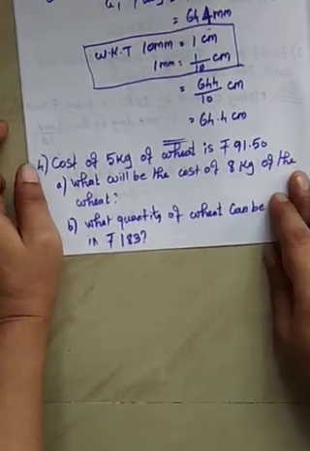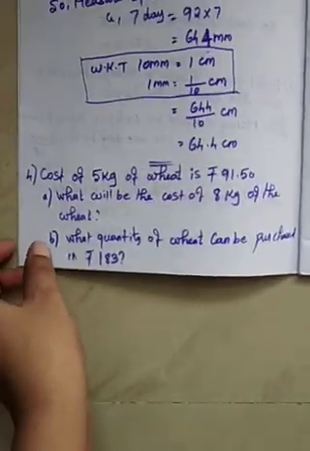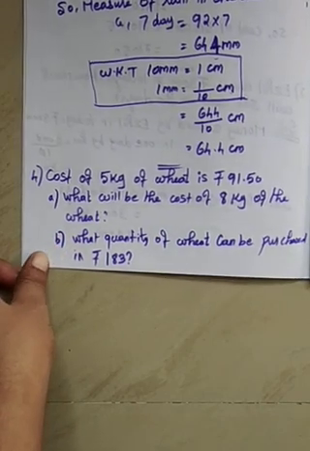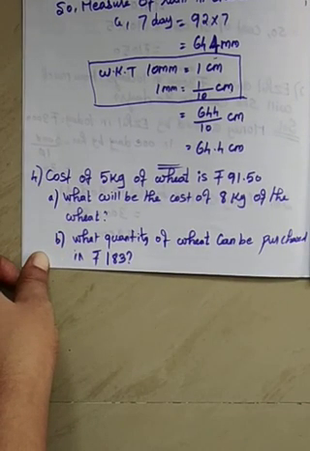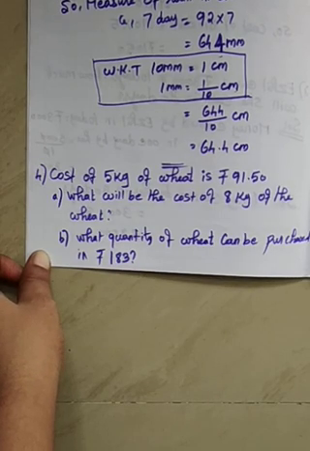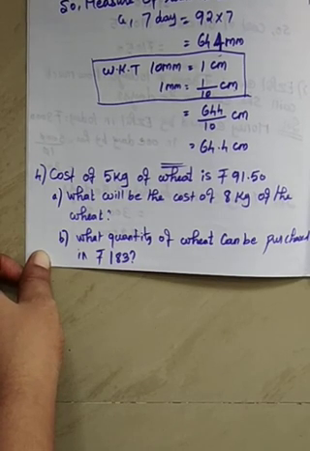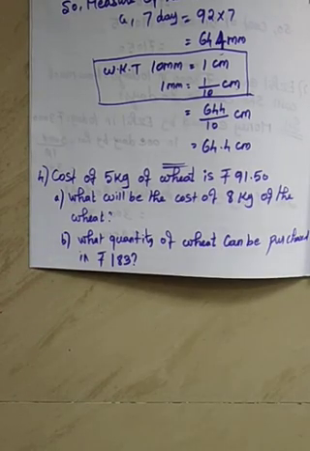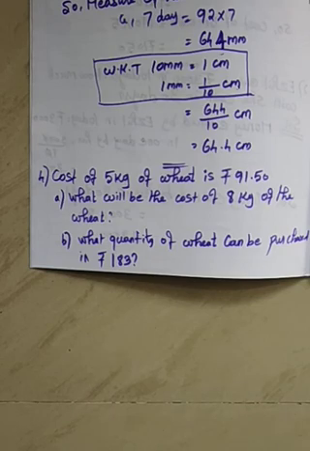Okay, see here, what is the question? Cost of 5 kilogram wheat is rupees 91.50. First one, what will be the cost of 8 kilogram of the wheat? So how can you find? Similarly the same procedure for the previous problem. First of all you have to find what is the cost of 1 kilogram of wheat.